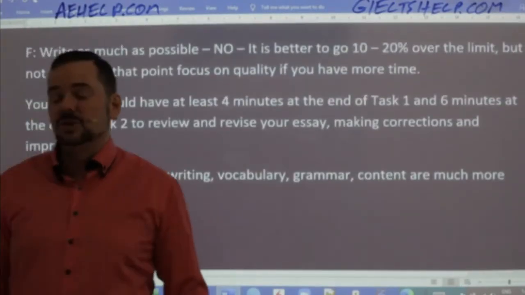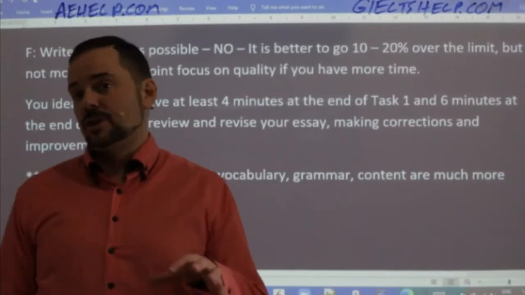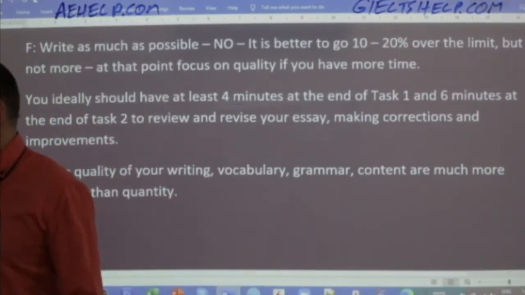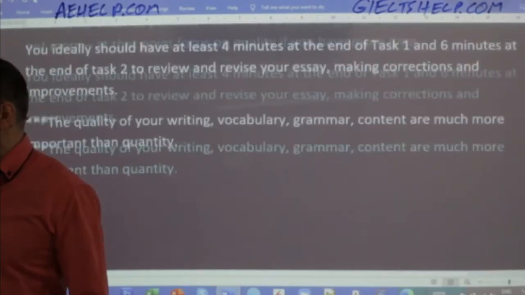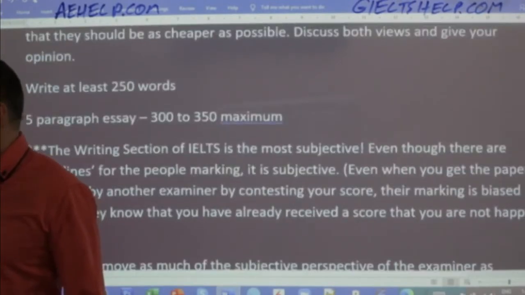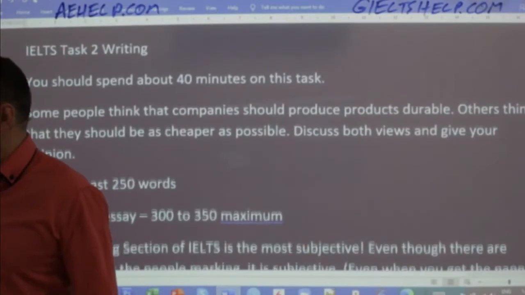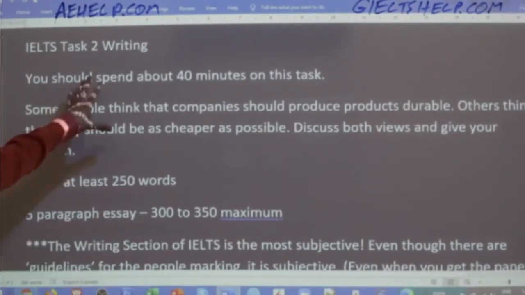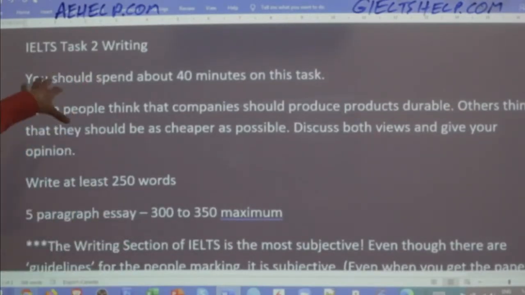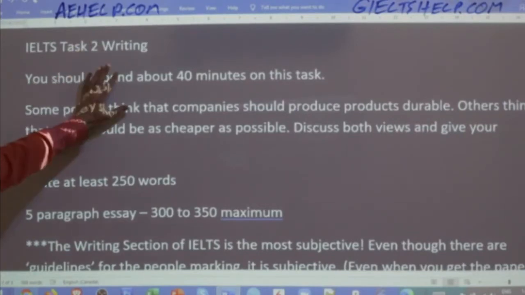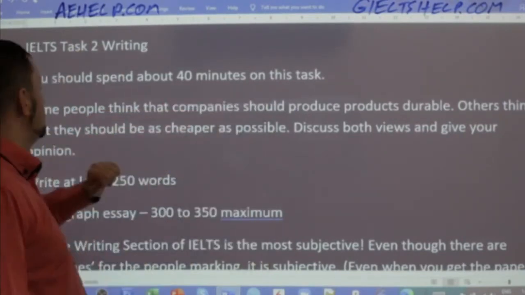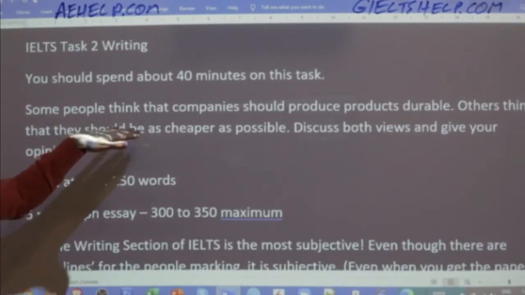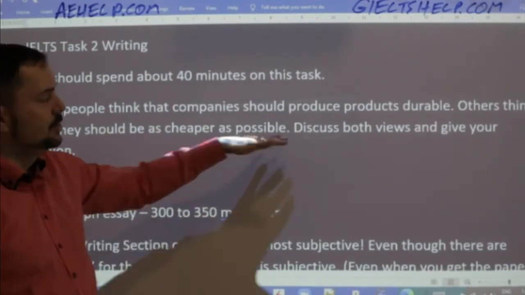Unfortunately, there's a lot of confusion about band levels for writing. But it is good to be diplomatic. So in this kind of a question, especially, I think this is kind of the lucky type of question. Read this one with me. So this was an exam question covered a few months ago. You should spend about 40 minutes on this task. Some people think that companies should produce products durable.